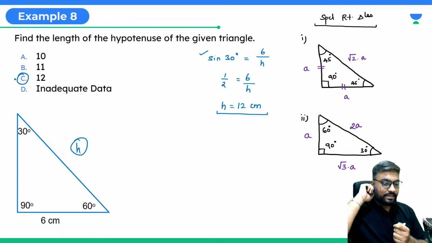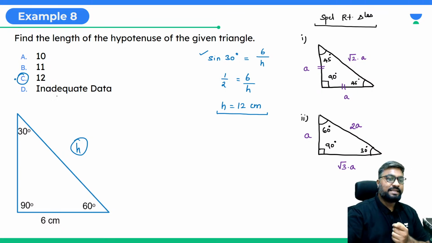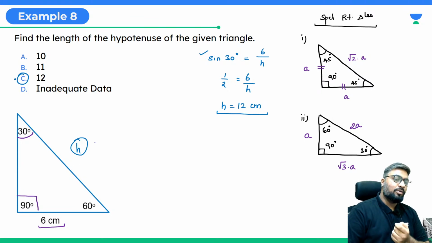I hope you're getting this, guys. So here it is the same case: if the side opposite to 30 degrees is 6, then the side opposite to 90 degrees should be 2 times A, which is 2 times 6. This is 12. Okay.